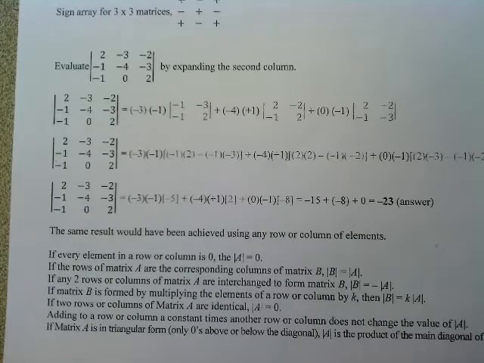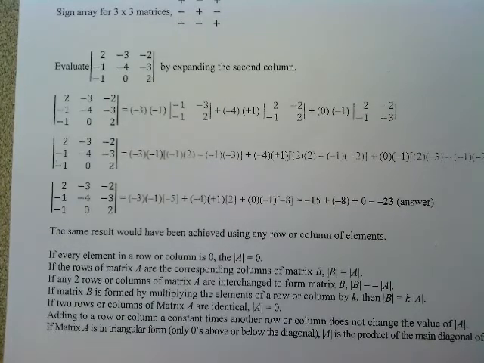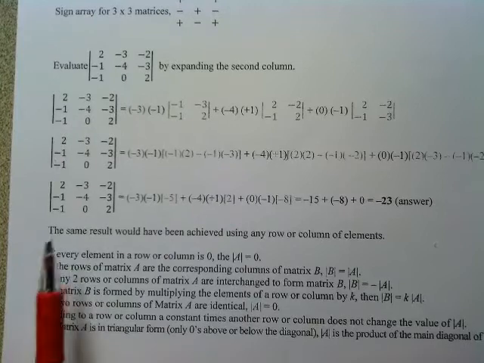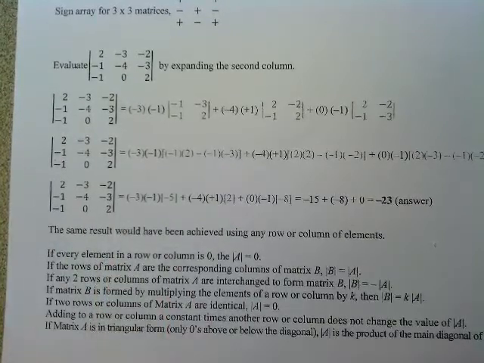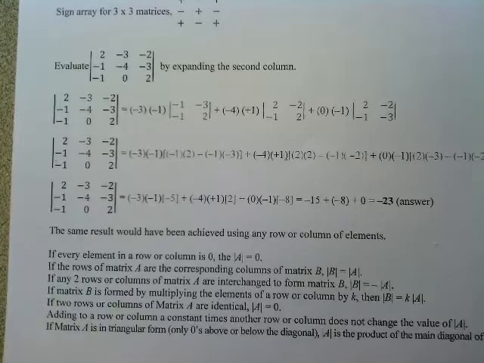If any two rows or columns of matrix A are interchanged to form matrix B, then B will equal the negative of A. If matrix B is formed by multiplying the elements of a row or column by K, then B equals K times A. So for instance, if we were to take all of these and double them, then the overall value of the determinant would be double.